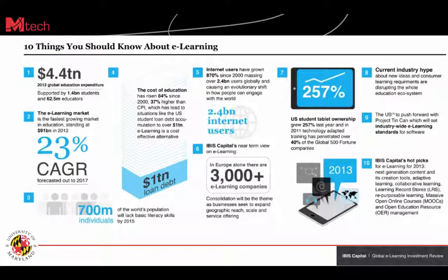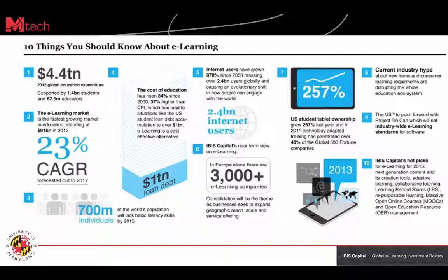E-learning is a great example to think about demand conditions and the various elements that come into play. It starts in item 1 with recognizing that the global education expenditure is $4.4 trillion, that there are 1.4 billion students, 62 million educators, and also a significant number of parents that are influential in purchasing decisions here as well.